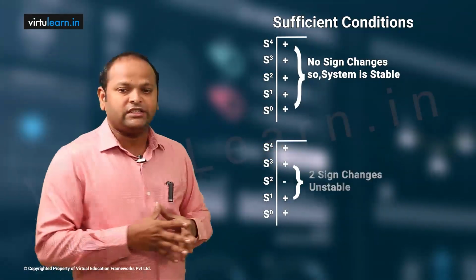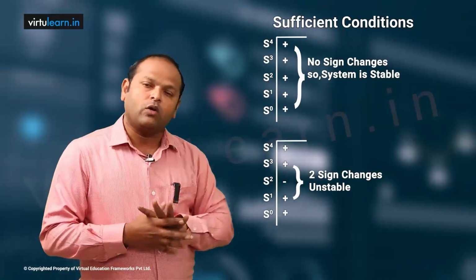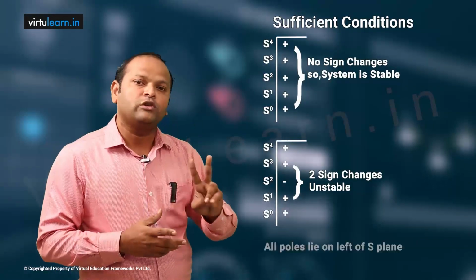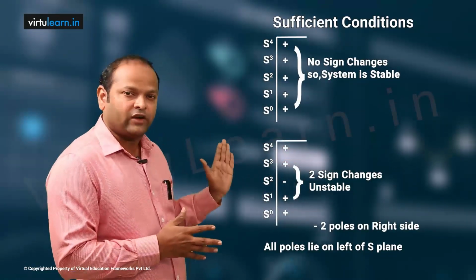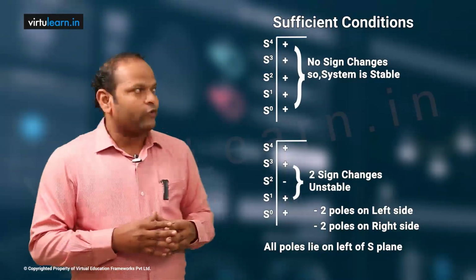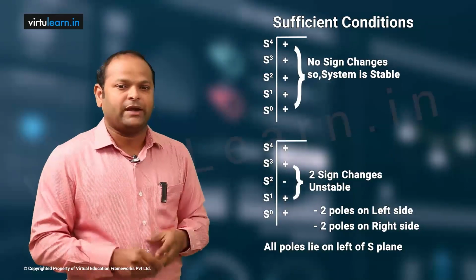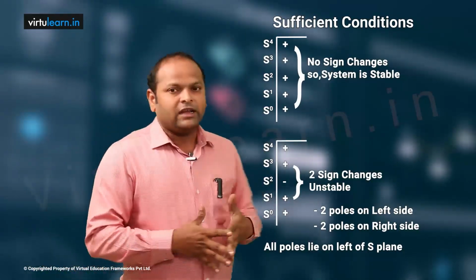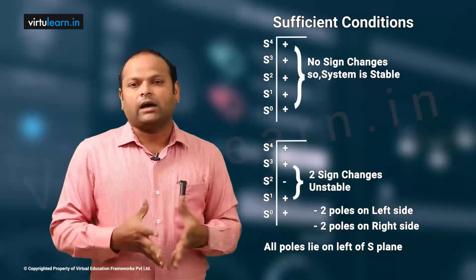So there are 2 sign changes. What is the total number of poles? A total of 4 poles. Out of 4 poles, 2 poles lie in the right of the S plane and the remaining 2 lie in the left of the S plane. The closed loop system is unstable. So this way we can check the polarities of the first column elements. Now generally when you are solving problems, we go up to a maximum of 6th order.